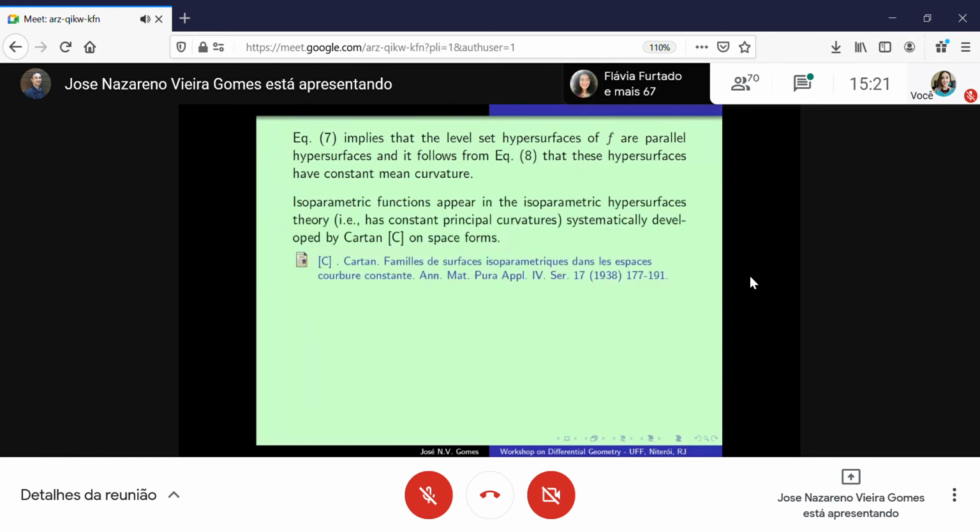Isoparametric functions appear in the isoparametric hypersurface theory, where hypersurfaces have constant principal curvatures, systematically developed by Cartan on space forms in this paper.